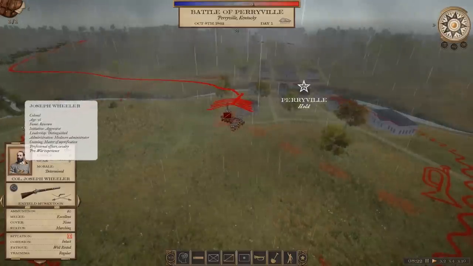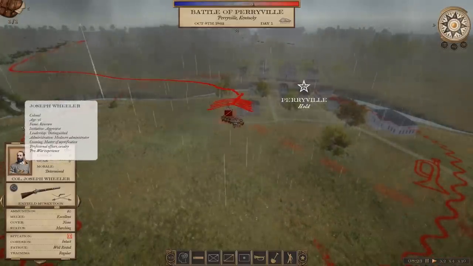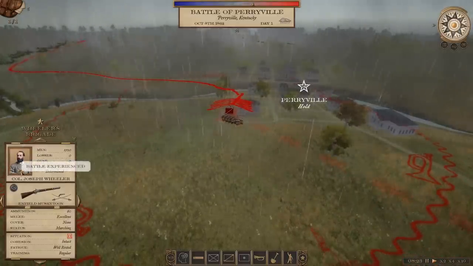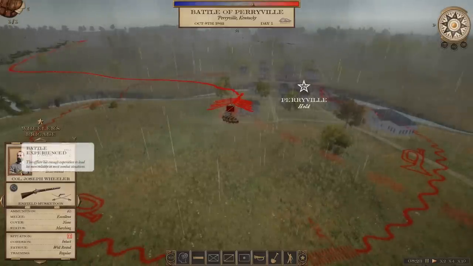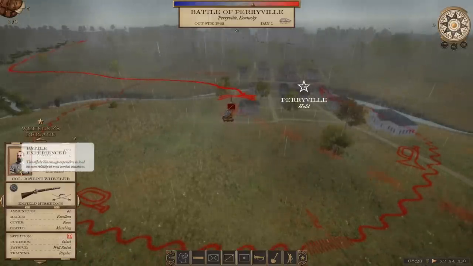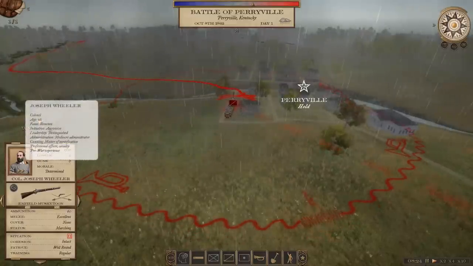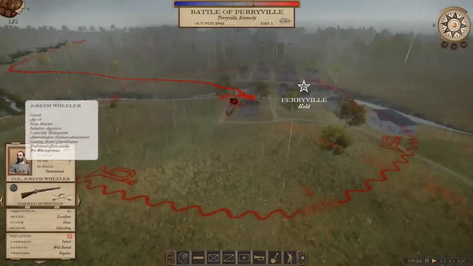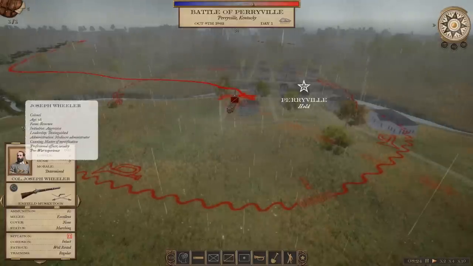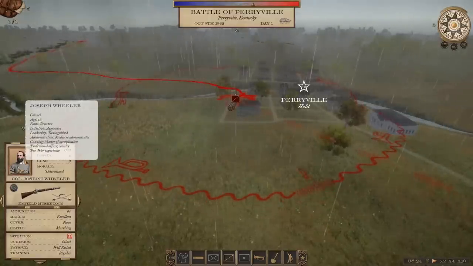And then under the portrait we have the experience stars. In this case, Wheeler is a battle-experienced officer. All these attributes have effect in battle and also in the campaign.